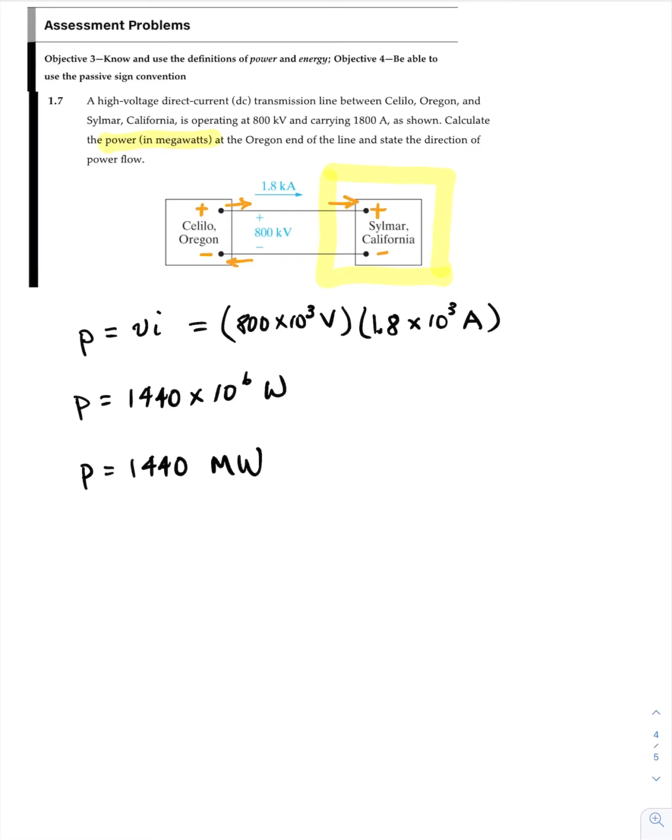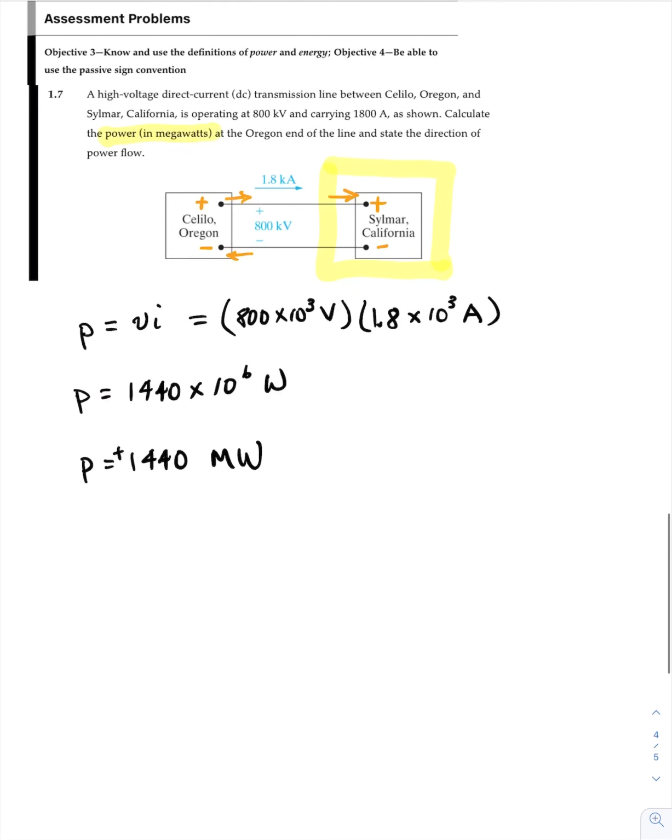Now this is a positive value, right? And we're doing things from California's perspective. So in California, energy is being absorbed. So that means Oregon must be delivering if California is absorbing.